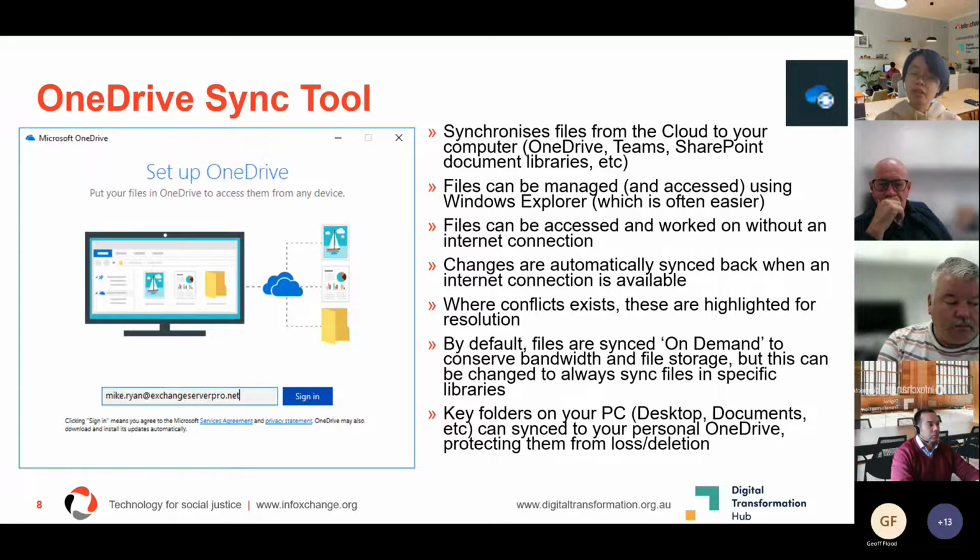The moment you click on the file itself, that is when the file is actually downloaded to your computer. So it saves a lot of internet bandwidth and file storage. I will show you later today in the demo how you can always keep the physical files on your computer other than the on-demand ones. But by default, this is on demand, and I find it very helpful.